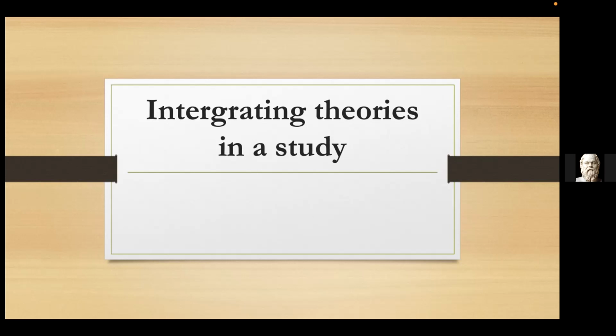It's not a matter of fishing theories left, right, and center. Dig deeper and get a firm grip of how that theory fits in your study, okay? So it's not a matter of, I'm going to use the resource-based view theory, and based on this, the main argument is XYZ, and so the variables I'm picking from this are XYZ.